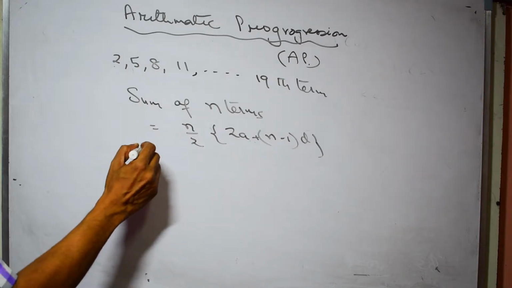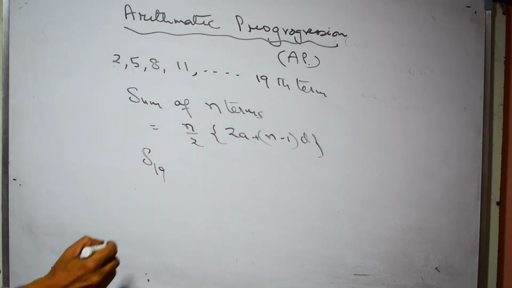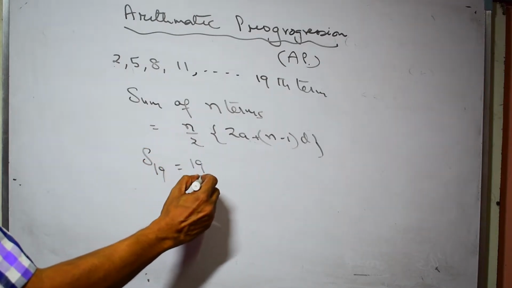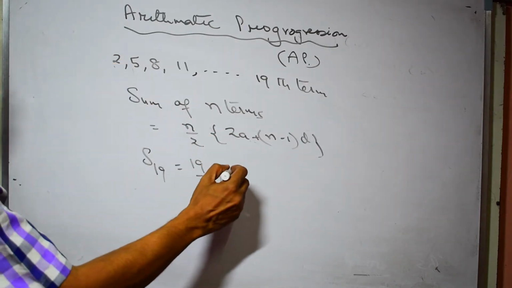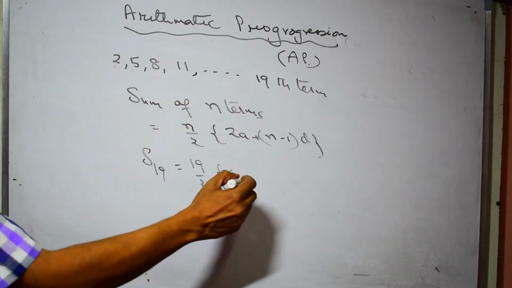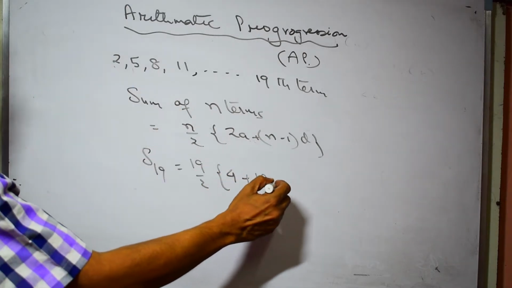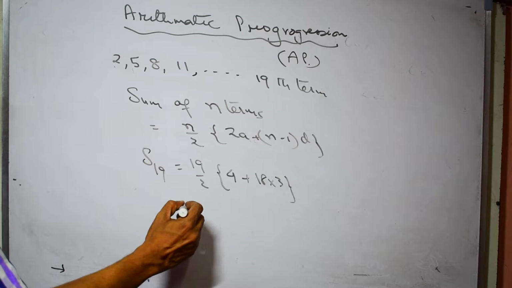So if I want to know the sum of 19 terms, then our answer will be 19 by 2 into 2a, that is 2 into 2, 4, plus 19 minus 1, that is 18 into 3, 54.